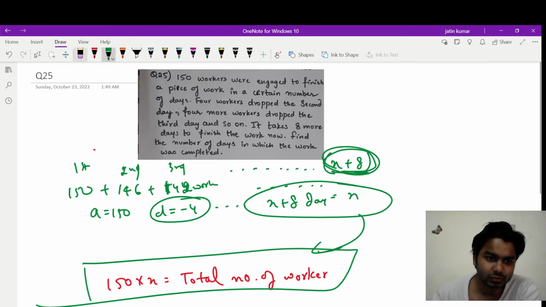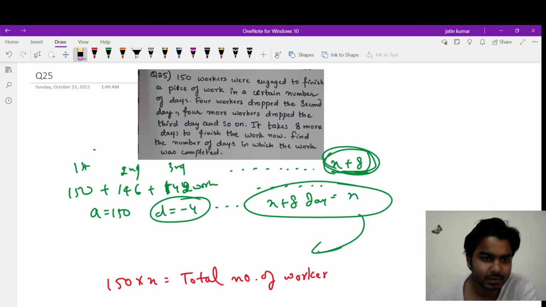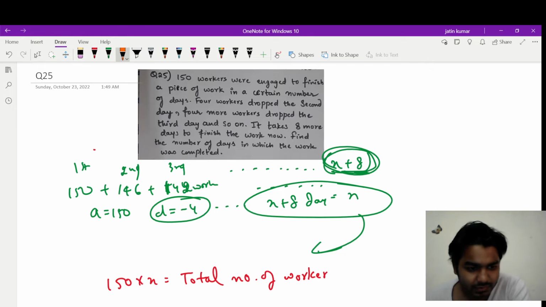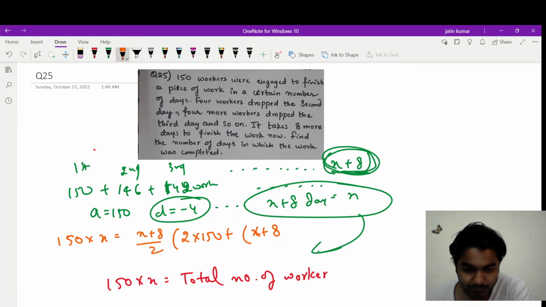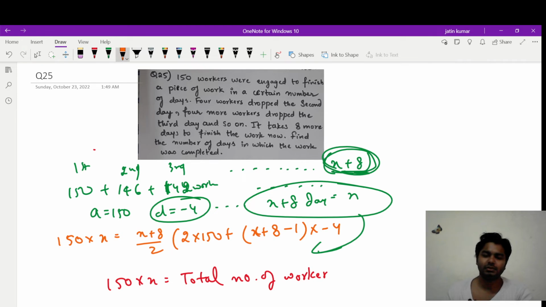So on equating these two, 150 into x is equal to (x plus 8) upon 2 into 2 into 150 plus (x plus 8 minus 1) into minus 4. Simply solve this equation, you will get the value of x.